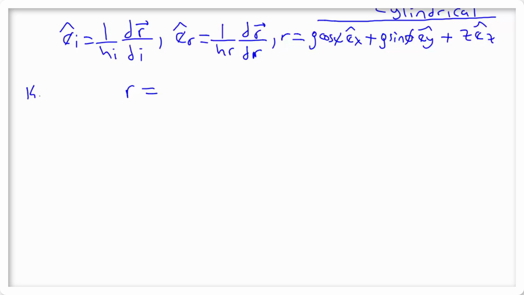Let's write the r for the spherical. Now, if you remember, I gave you that rho is r sine theta.